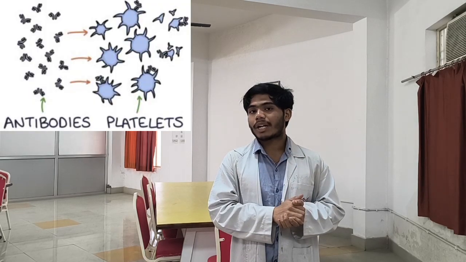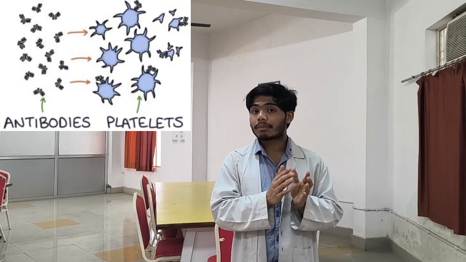So friends, as you already know, in case of ITP the platelet count is reduced, and the platelet count is reduced because antiplatelet autoantibodies are formed, and these antiplatelet autoantibodies cause the destruction of the platelets. As a result, platelet count is reduced. That's the first thing.